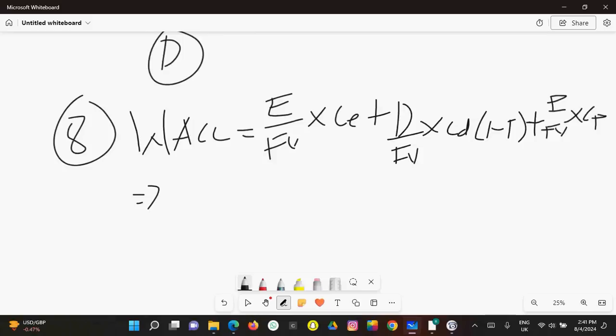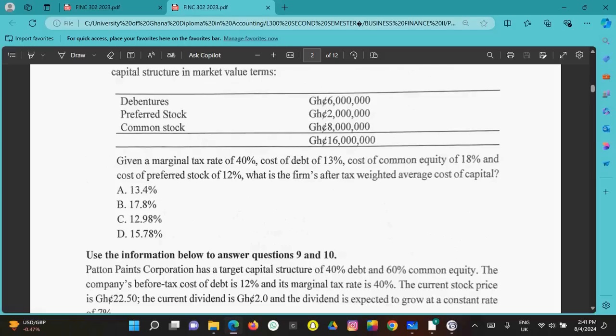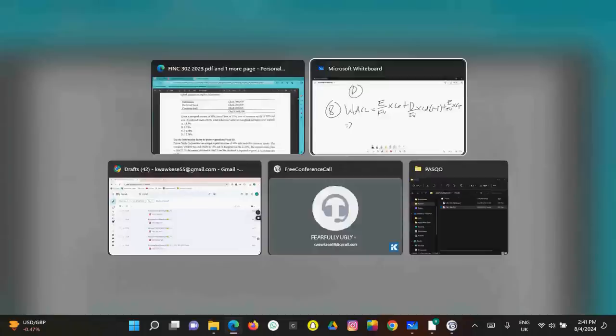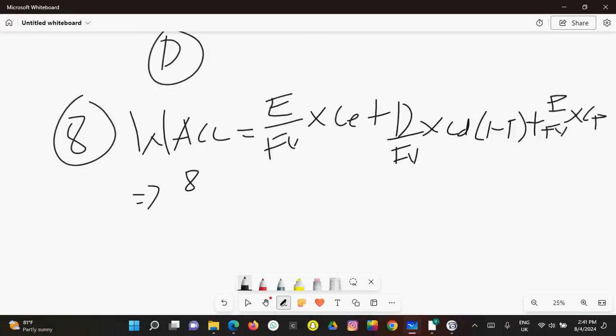Equity is 8 million over 60 million, clearing all the zeros.